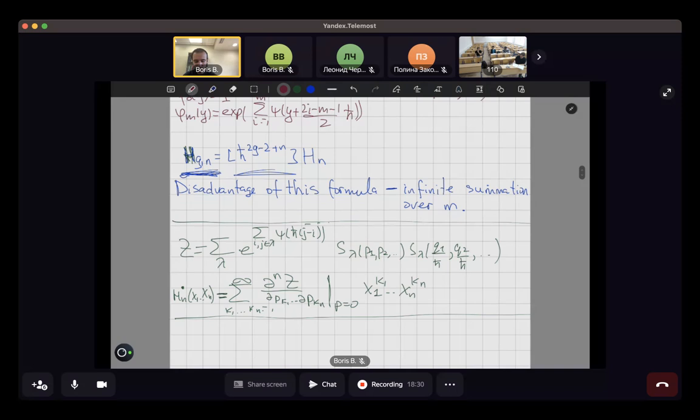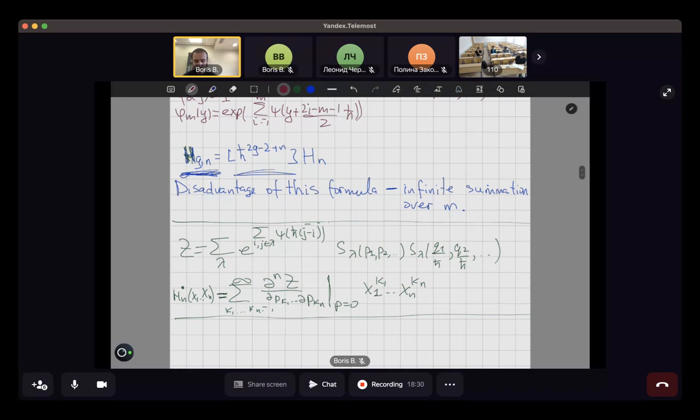I just erase this denominator m_i, because it appears here from this exponent, and then I multiply again by x, so the exponent stays the same and just this denominator disappears.